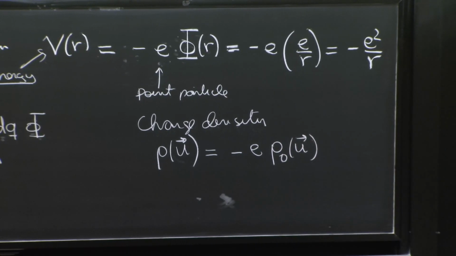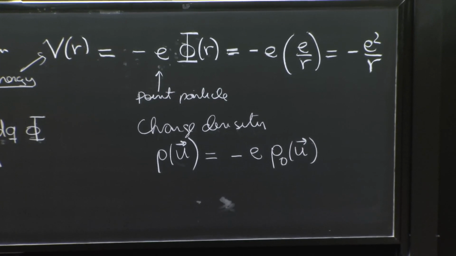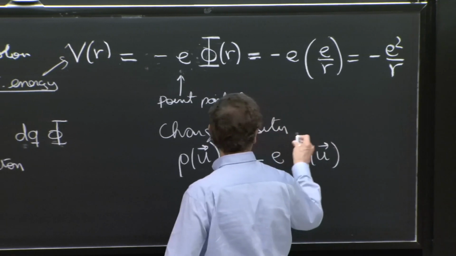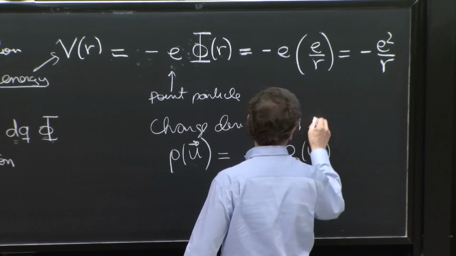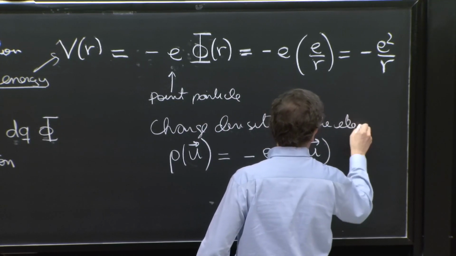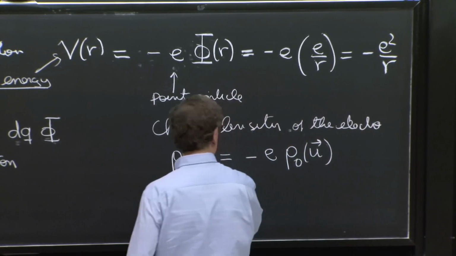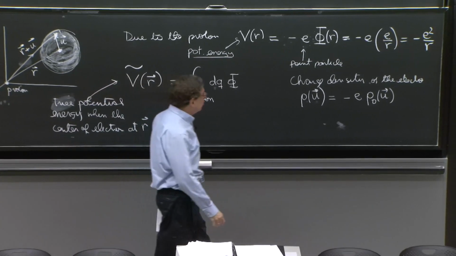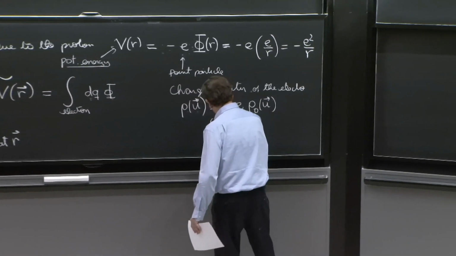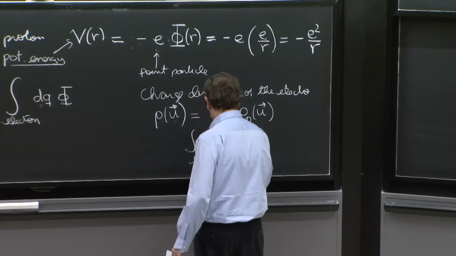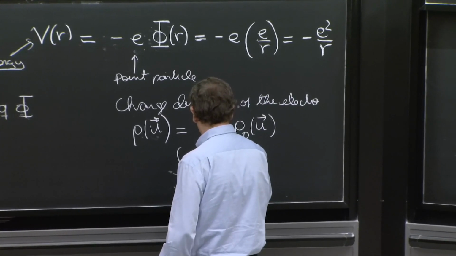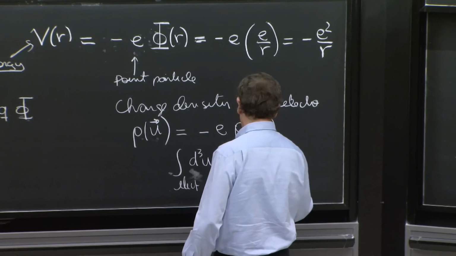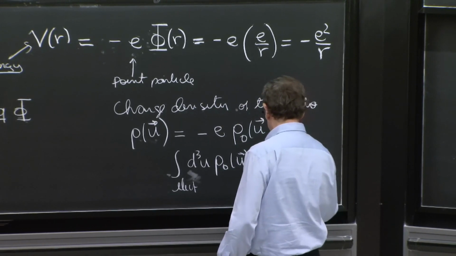A little bit of notation, I apologize, but it's necessary to do things cleanly. The charge density of the electron is given by rho of u equals minus e rho 0. And then it should be true that the integral over the electron of d cube u rho 0 of u is equal to 1.